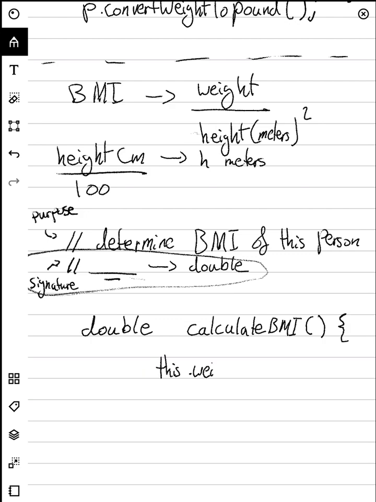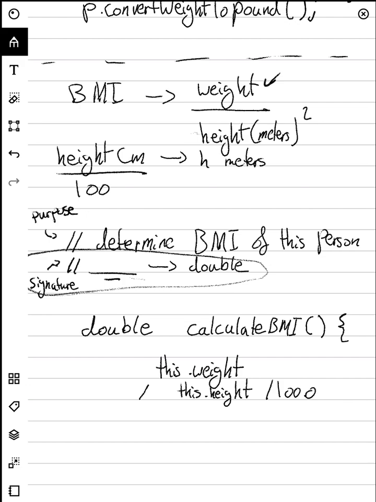Okay, so the person's weight, divided by height in meters, but we have it in centimeters, so we can do this dot height divided by 100.